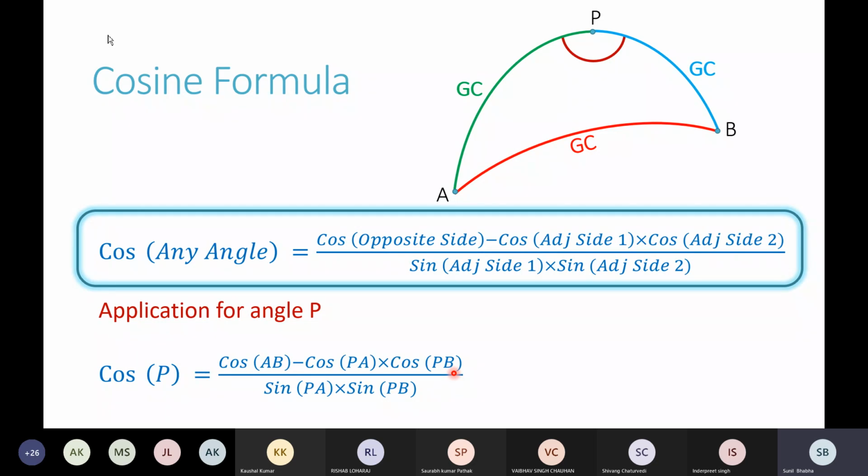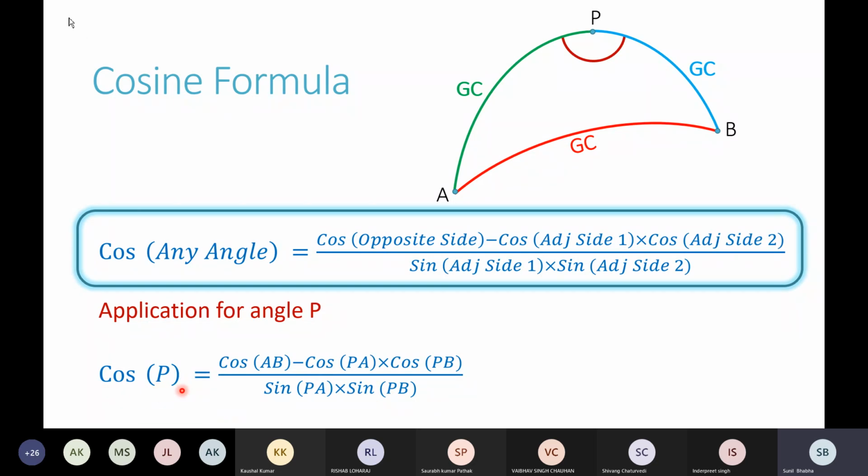You can see PB, Papa Bravo, is the second adjacent side to this particular angle, whole divided by sine of PA, that is adjacent side 1, multiplied by sine of PB, that is adjacent side 2.